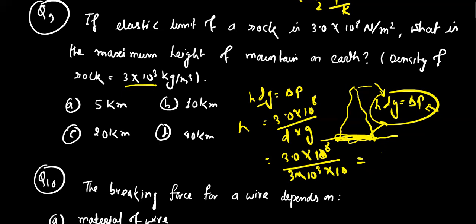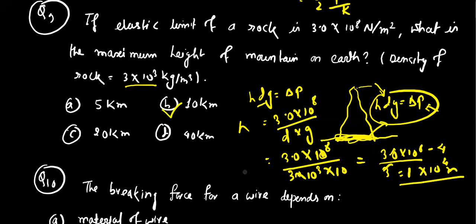Its value will be 10 power 8 minus 4, because 3 and 1 makes here 4. The 3 I'm going to cancel out, so it will be like 1 into 10 power 4 meter, which means this is 10,000 kilometer, right?